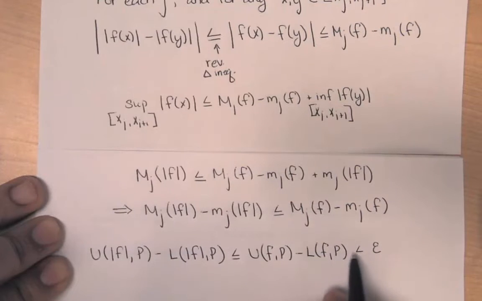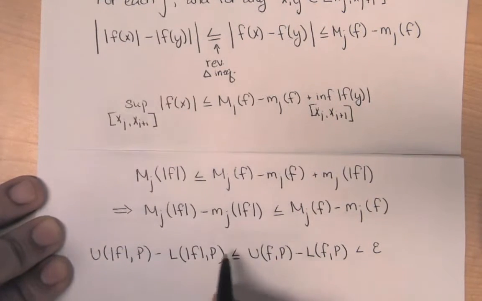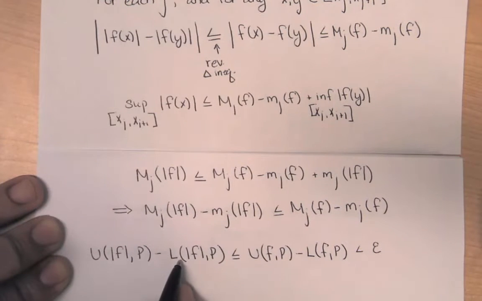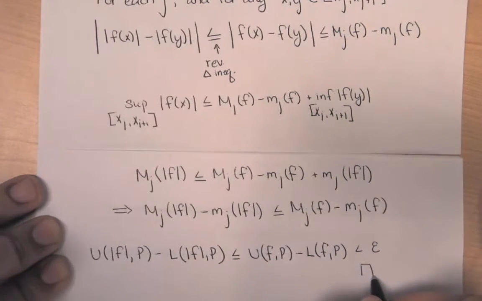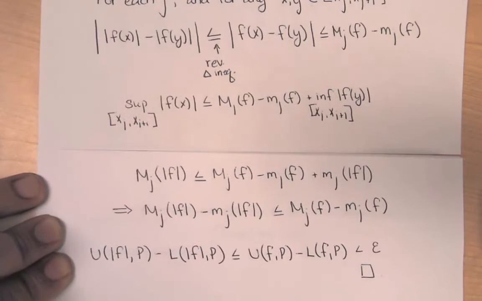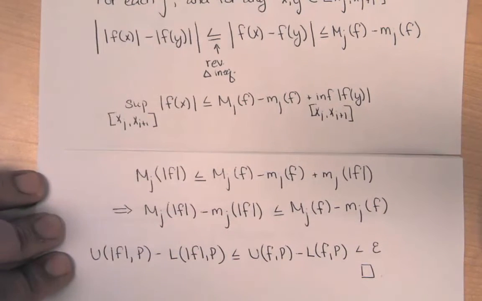Because such a partition that gives me this epsilon condition is met by the fact that f is integrable. And this is less than this because each term in the summation that this represents is less than each term in the summation that this represents. And we've proven our first result, right?